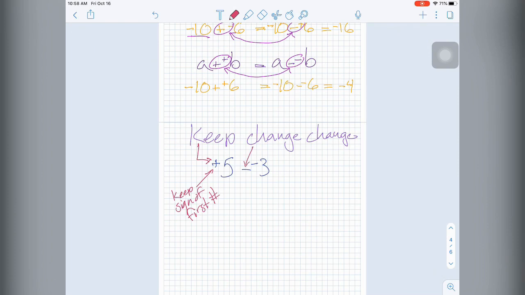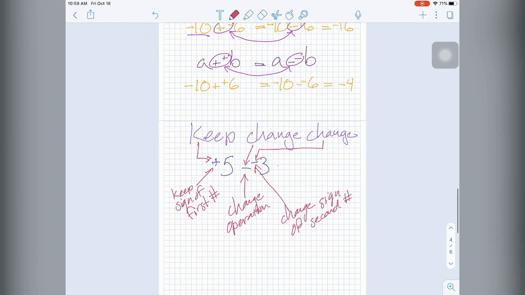But then what we do is we change the operation, and then we change the sign of the second number.